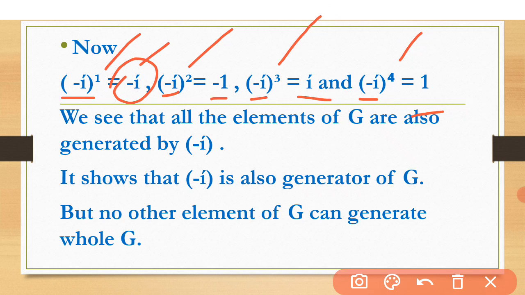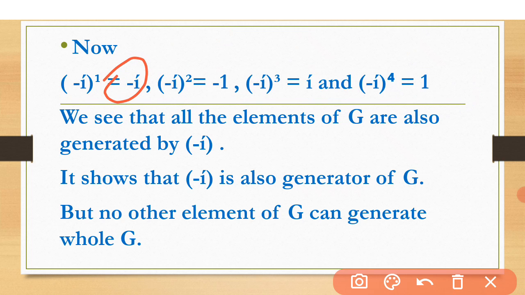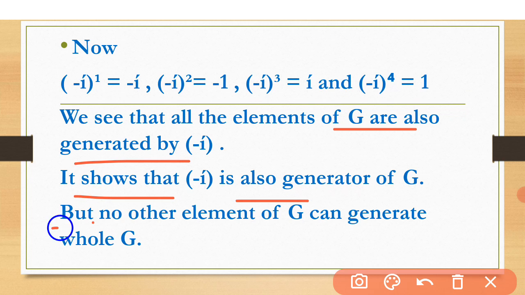Hence, all four elements of G are also generated by minus iota. It means that minus iota is also a generator of G, but no other element of G can generate whole G. It means that no other element can generate all these four elements.